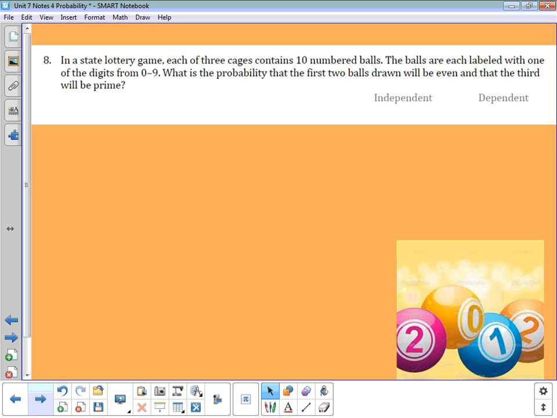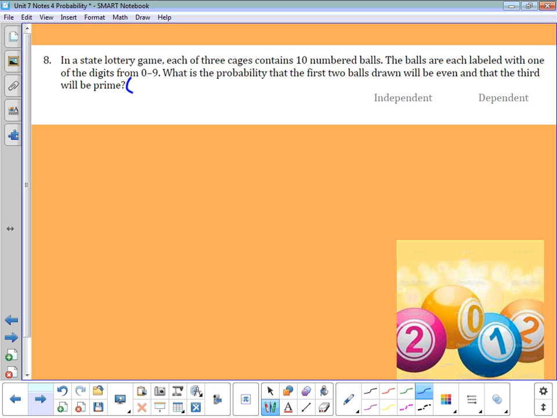For number 8, now we're looking at a lottery game that has 3 cages with 10 numbered balls in them. So we need to figure out the probability of the first 2 being even and the third one being prime. So the first thing I need to know is what are the prime numbers.